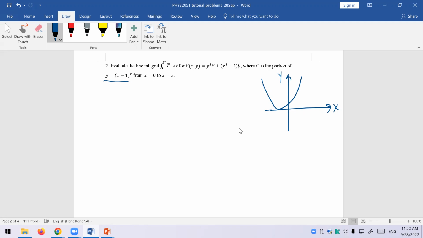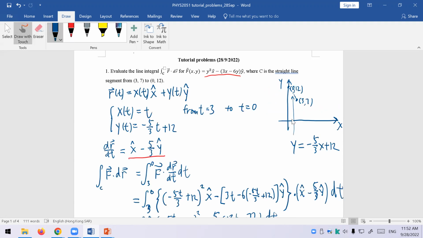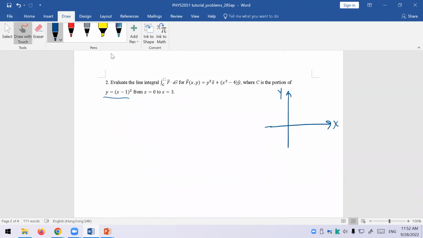No, I'm wrong. Shifted the other way, the other side. Should be like this, right? This is 1. Okay.